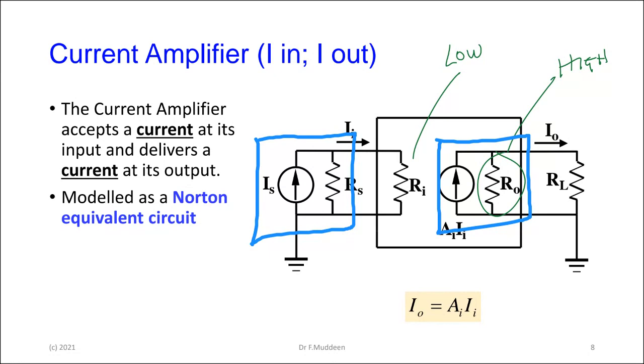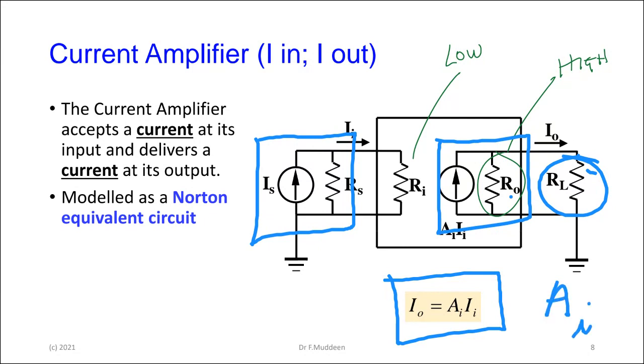On the output, you want the output resistance to be high, so that the parallel combination, because RO is in parallel with RL, means the overall impedance of the output will be closer to RL. And of course, there's a current gain. The current amplifier has a gain AI, the relationship between the output current and the input current.